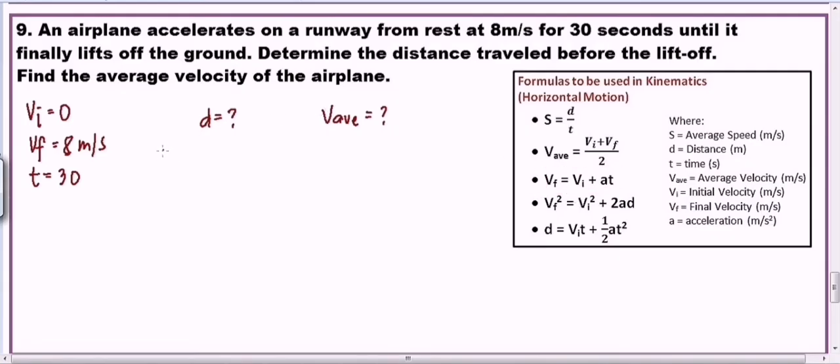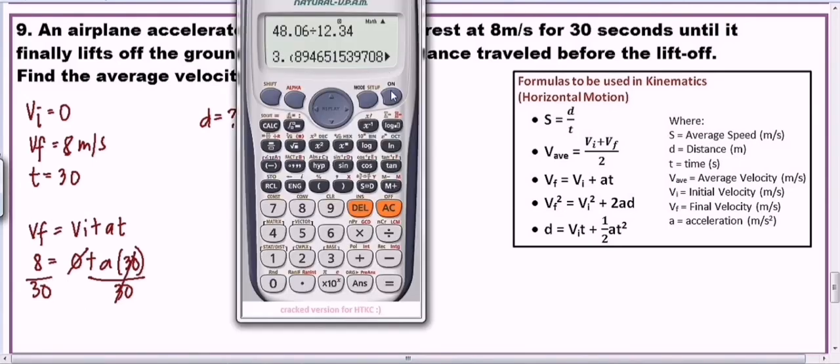Okay, so VF is 8. So gamitin muna natin to get the A, VF equals VI plus AT. So VF is 8 equals VI is 0 plus A times time, which is 30. So divide both sides by 30 to get A. So 8 divided by 30 is 0.26, continuous na yan, so 0.27.